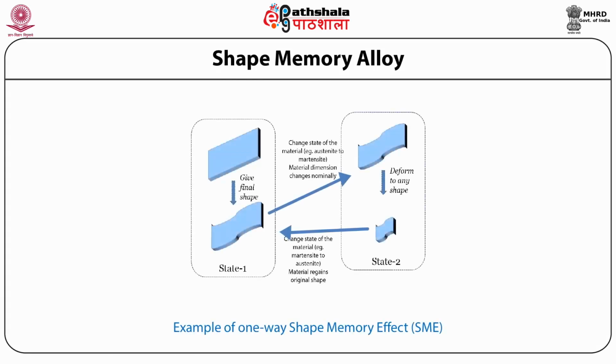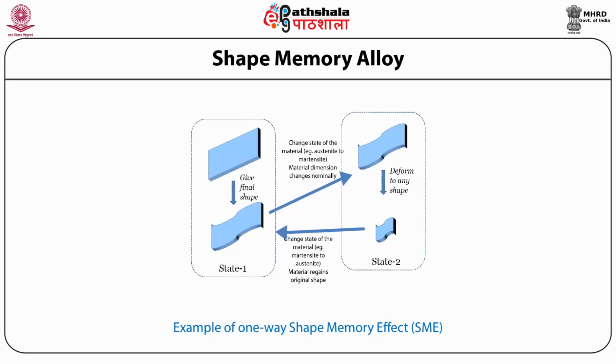This figure shows the example of one-way shape memory effect. As noted from the figure, if you give any change of state of the material, for example austenite to martensite, the material dimension changes nominally. That is, it changes to the shape at state 1.